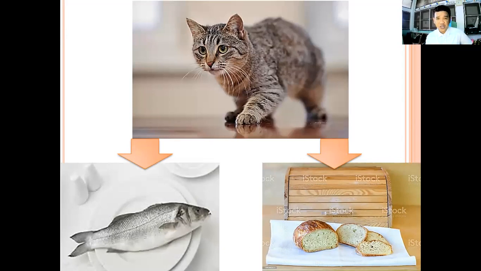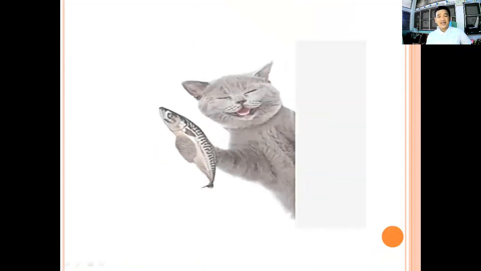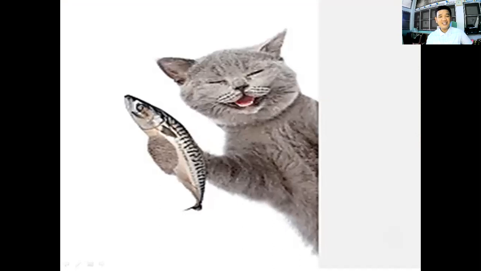Is it a fish or is it a bread? What do you think? Very good. The cat is holding the fish. So you are predicting. That's right. Now, another one.